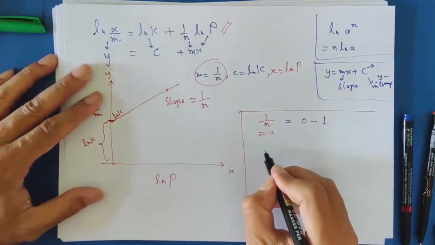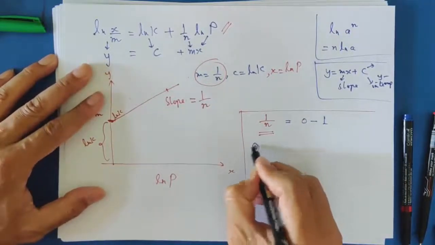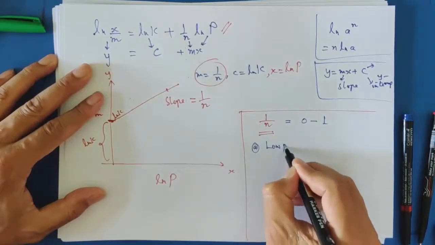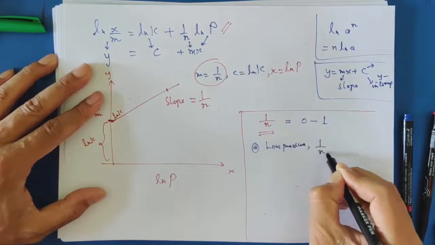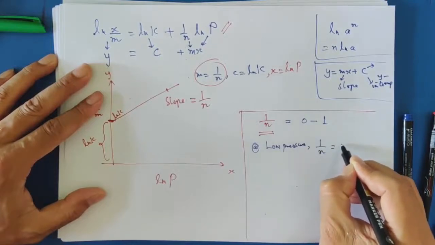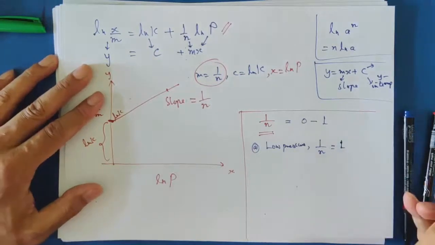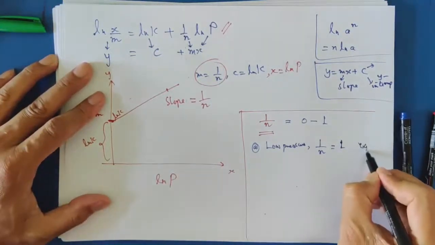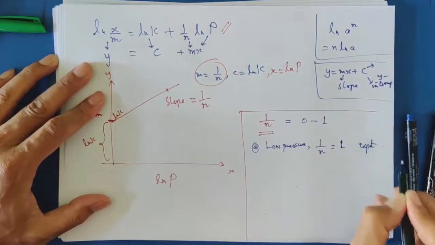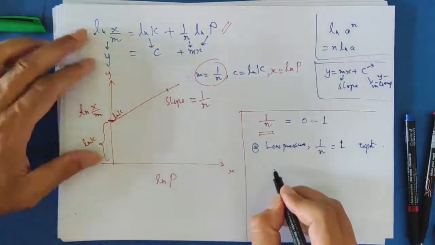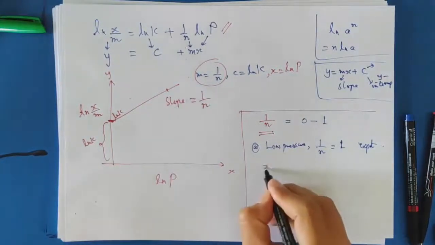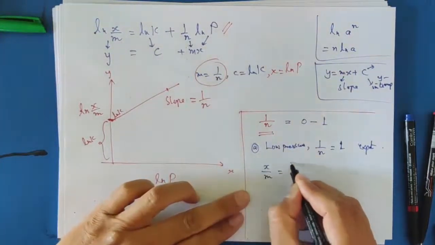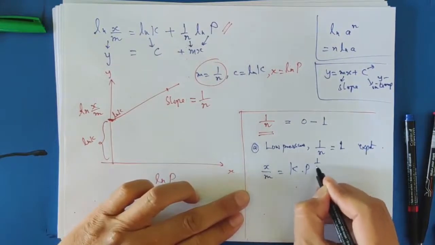Suppose at very low pressure, experimentally at low pressure, the 1 by n value becomes 1. So what is x by m? x by m equals k p to the power 1 by n.